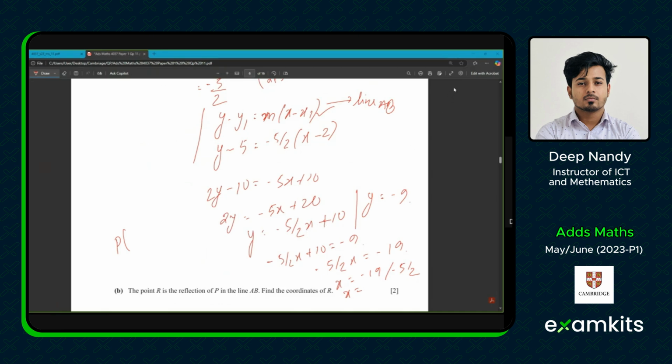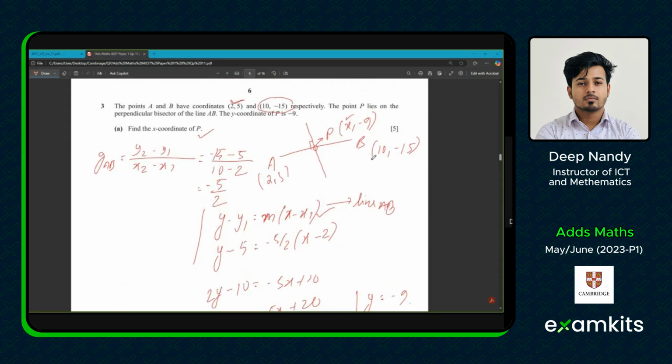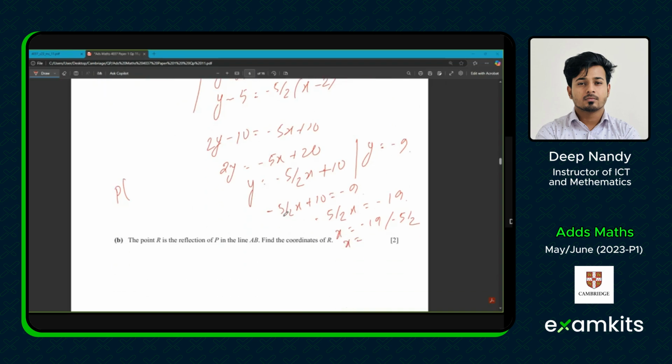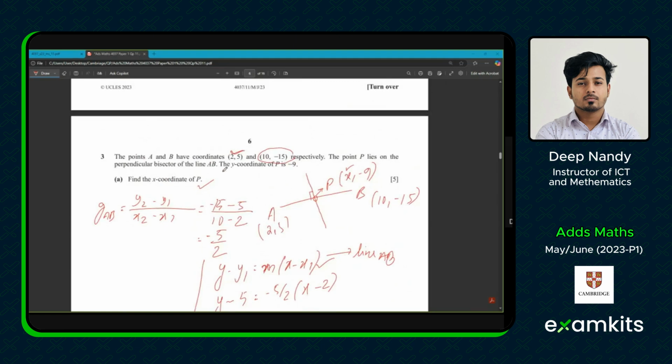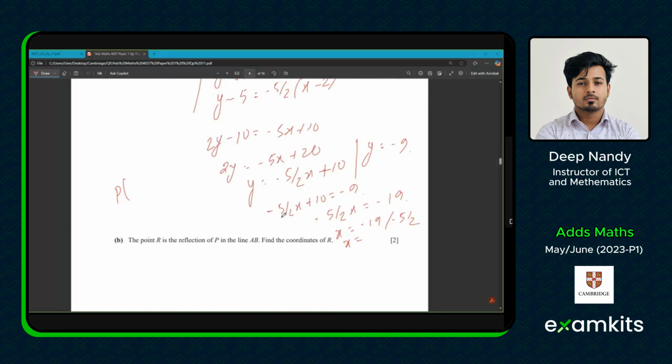We can see here, putting values to this, we are finding the equation. This is the point. We are finding the gradient. I just made some mistake here.